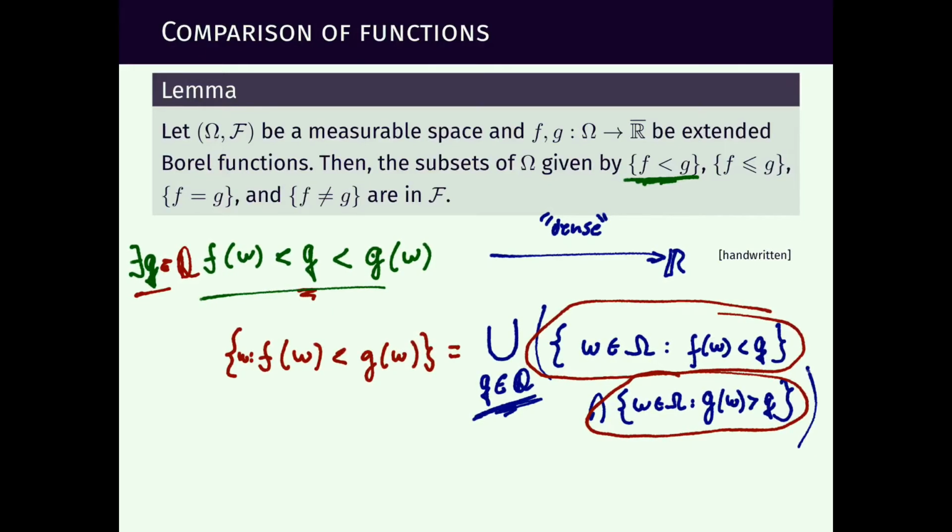So measurable means it belongs to this family. This family is a sigma algebra. It's closed under intersections, so we can intersect these two sets here. And so we get a set which is in the sigma algebra, and now we are taking a countable union of them. So this will be in the sigma algebra, and this concludes the proof of this lemma.